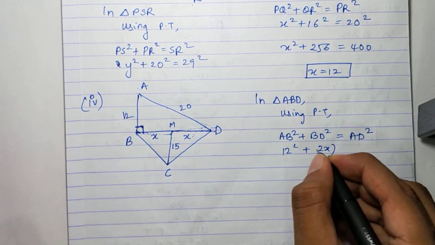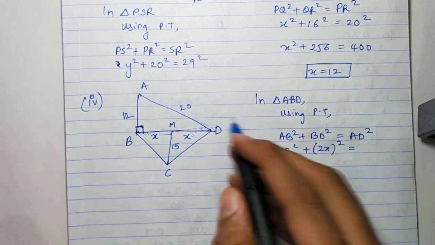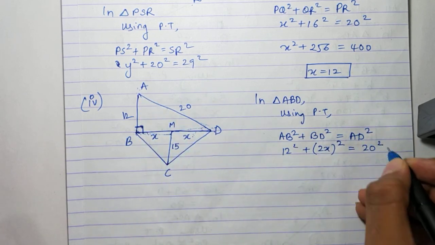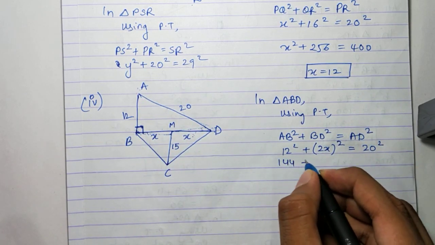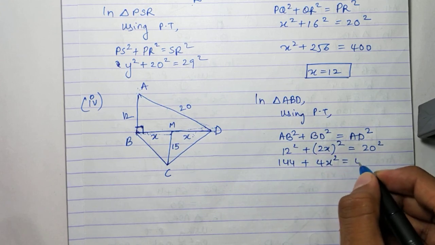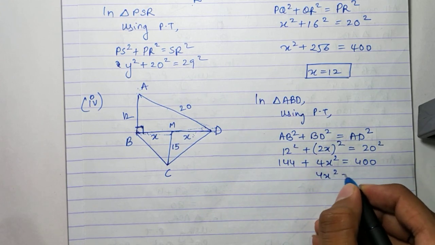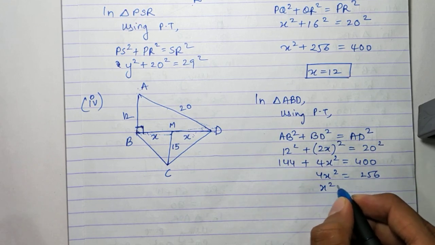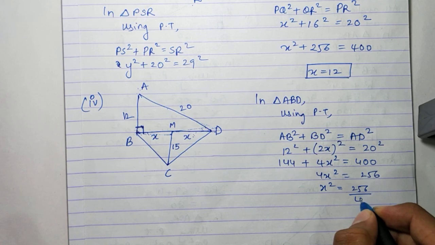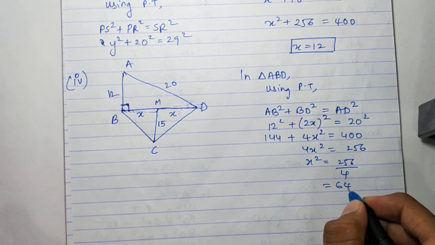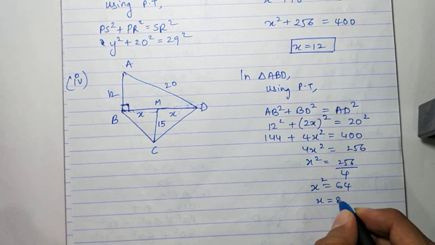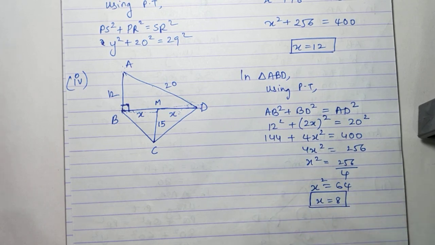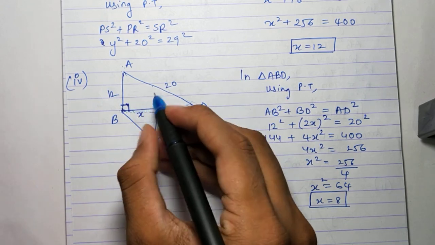So BD is 2x square equals AD, which is 20 square. Subtract 144, you will get 256. X square is 256, so x will be 8. We will get x as 8.